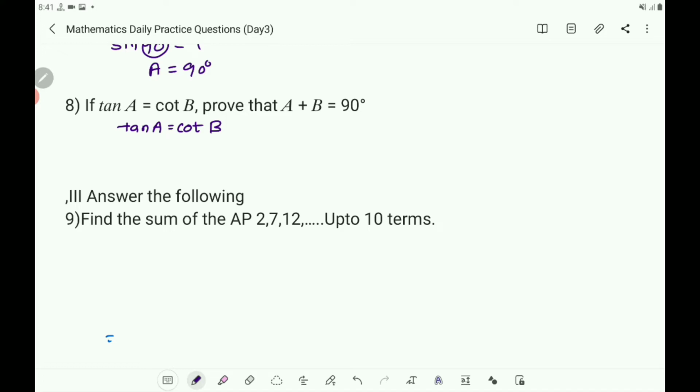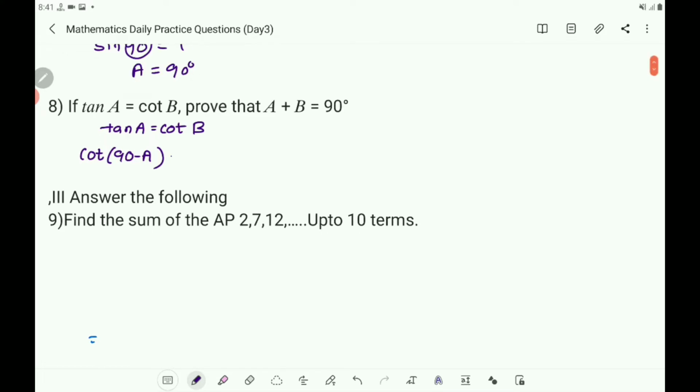Either you convert tan into cot or cot into tan. So you know that tan A is nothing but cot (90 minus A). So you write cot (90 minus A) equals cot B.